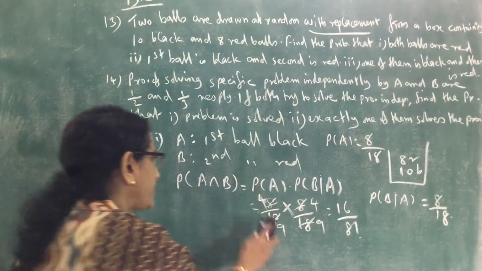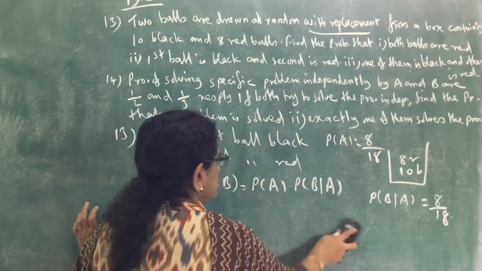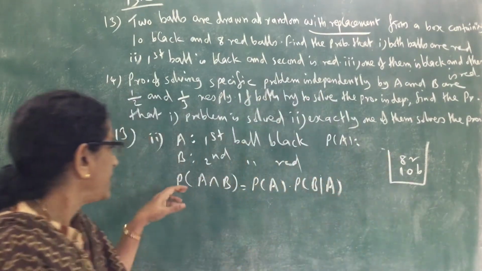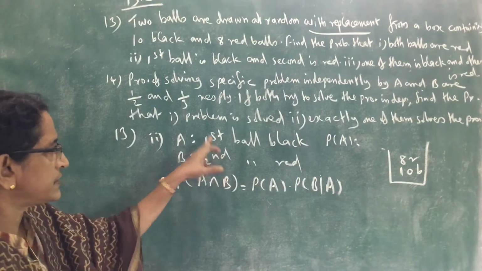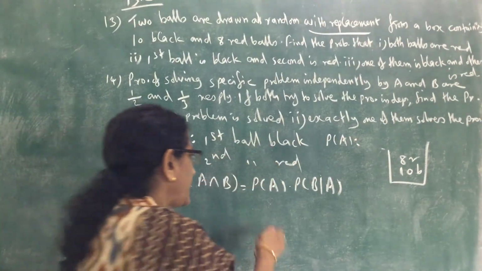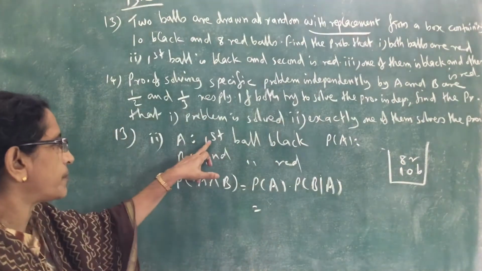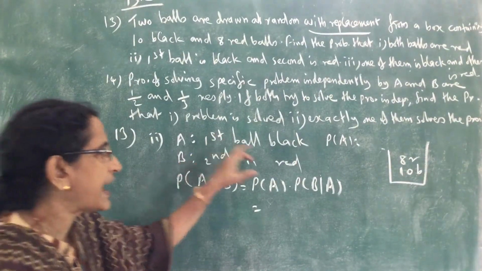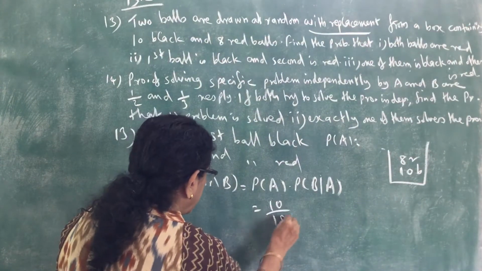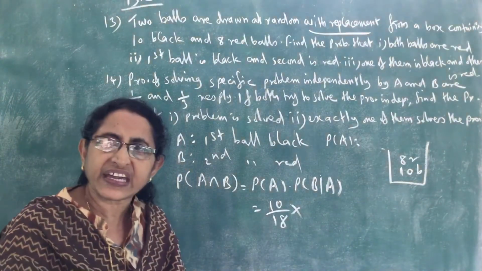What is the probability of A? The probability that the first ball drawn is black: there are 10 black, so 10 divided by 18, into the probability of B given A.